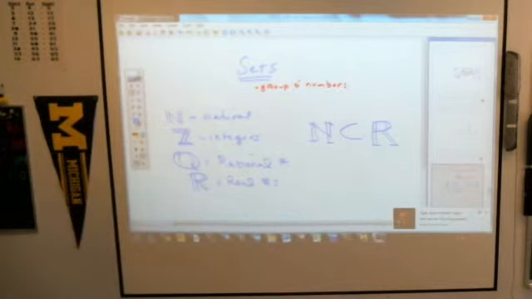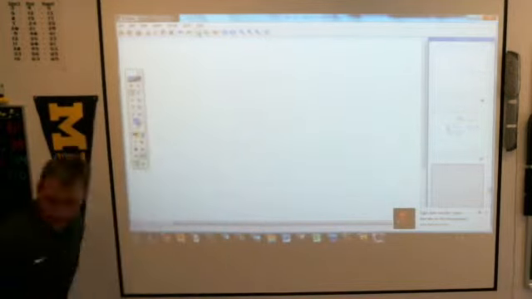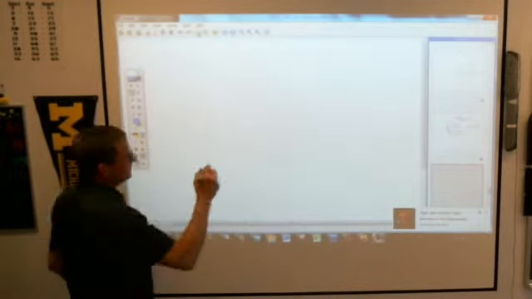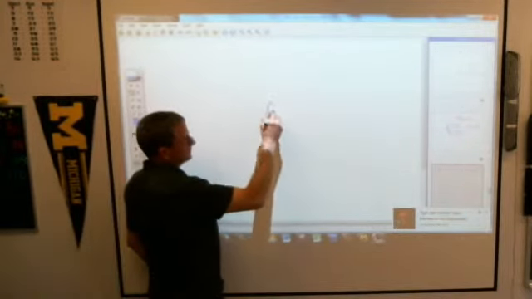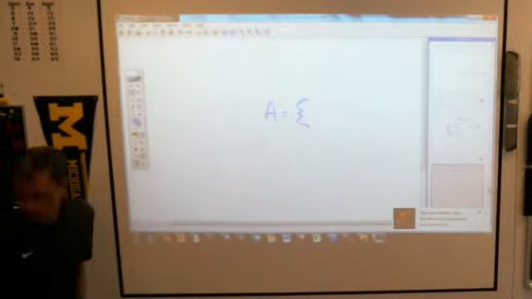Isn't that exciting? Now we have to talk about those other symbols. Let me give you an example of something that might come up. The book tells you that you have set A. They give you a list of numbers, which is a set.